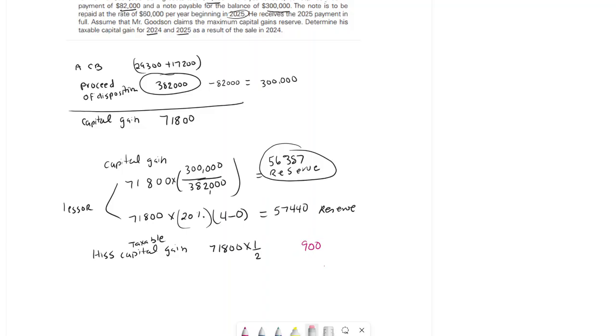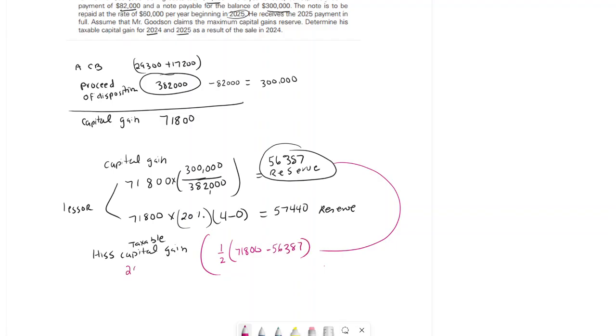You could do both at the same time, or you could do it all together. Your taxable capital gain becomes half of that. There's a different way of doing it. I was going to do it the longer way, but there's a shortcut. So half of my capital gain, which is 35,900, and my reserve here was 56,387.